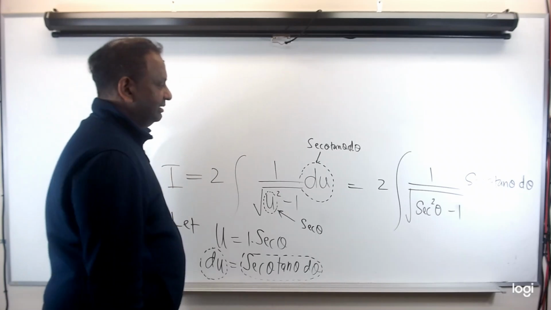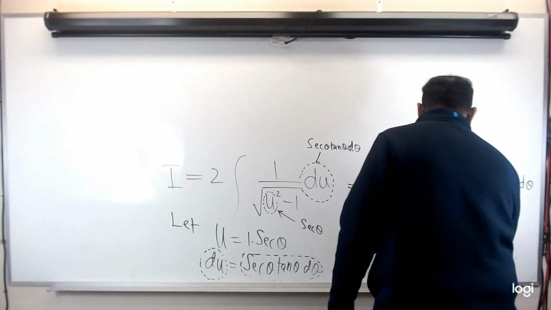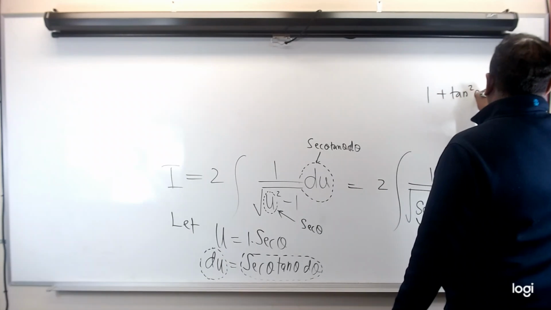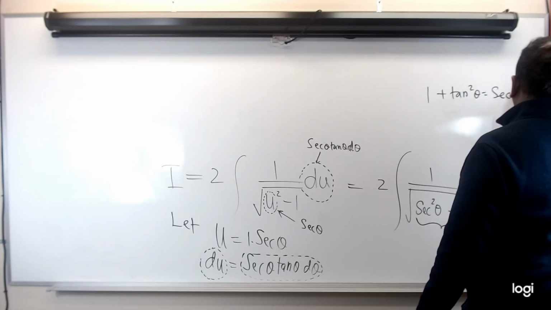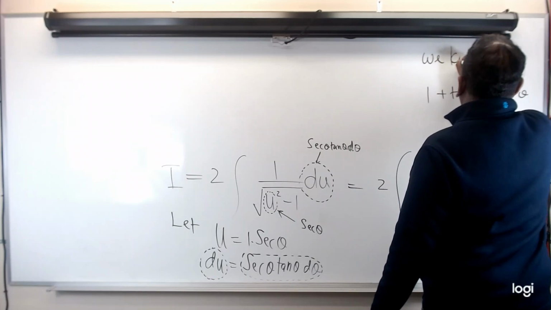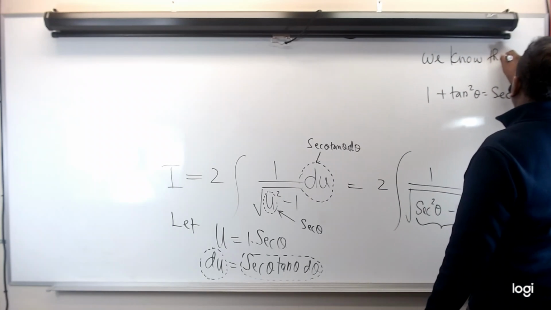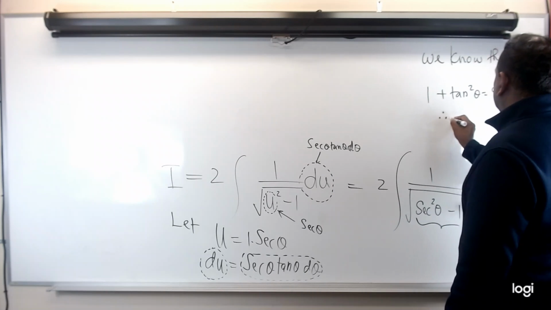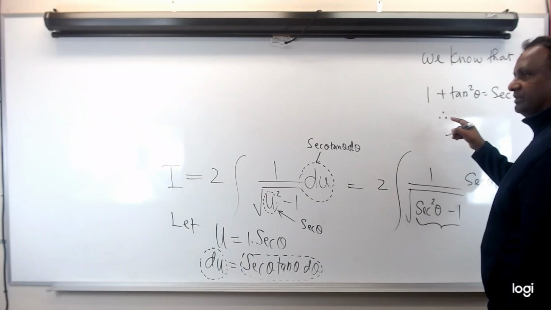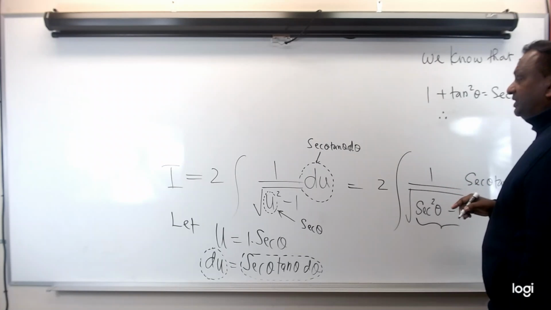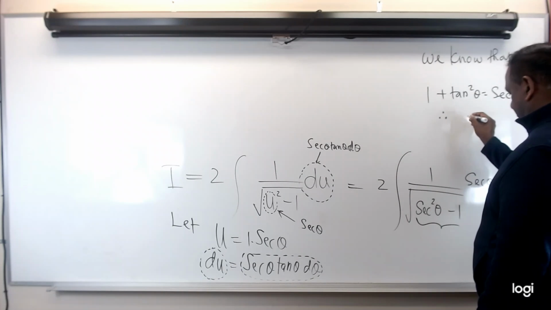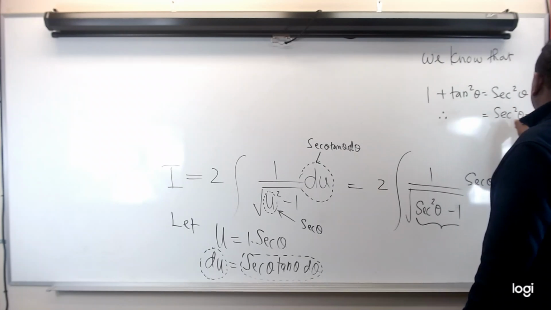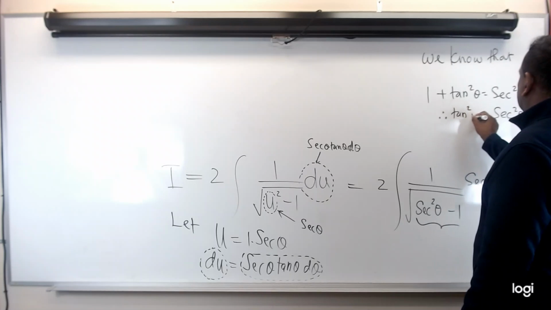Secant squared theta, we know what this is. 1 plus tan squared theta is secant squared theta. We know that. And therefore, secant squared theta minus 1 is nothing but tan squared theta.